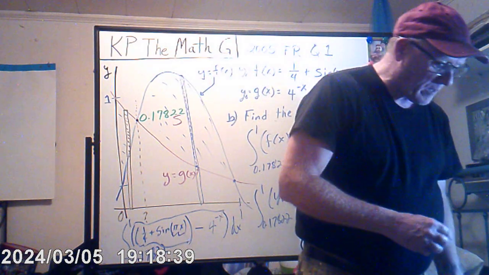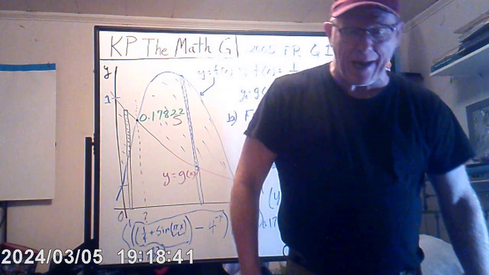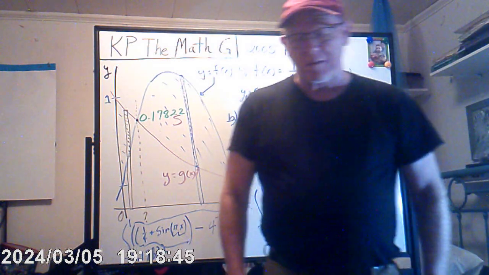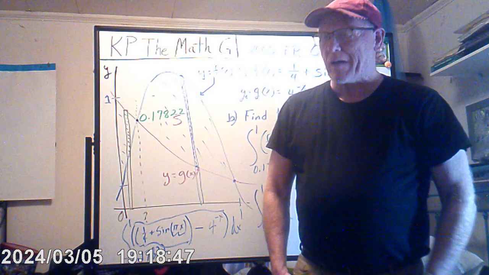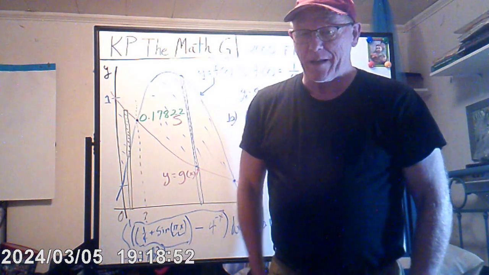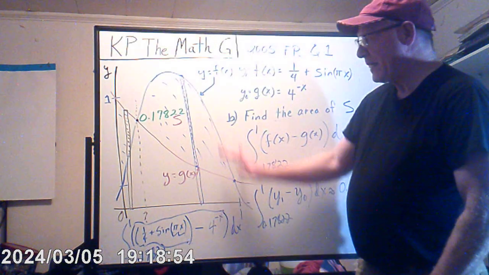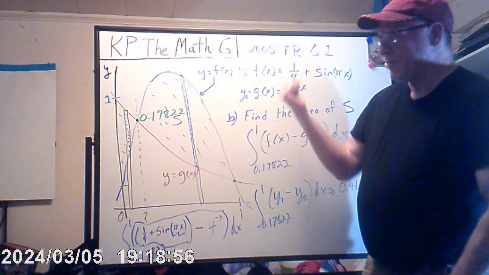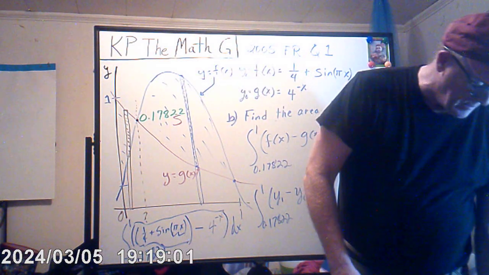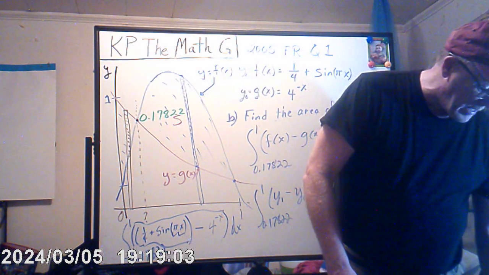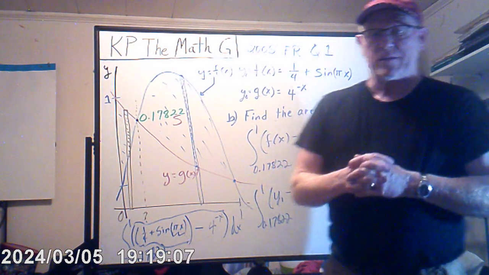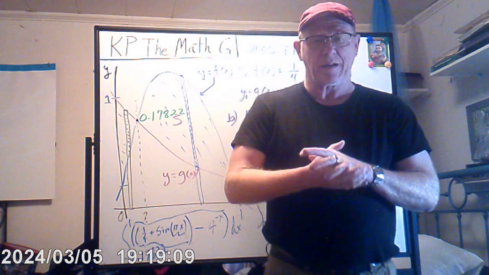My old camera can't go more than about 32 minutes at maximum, and I took a little while to discuss these first two problems. There's actually one more part, and that's revolving around the line y equals -1. It's not very difficult, but I may just reserve that for another time.